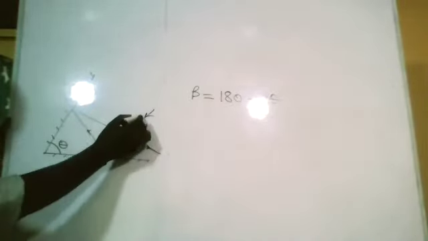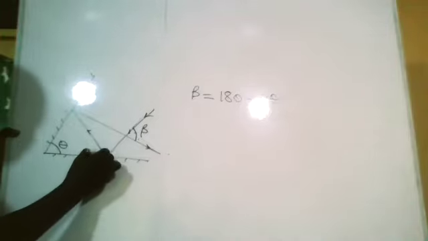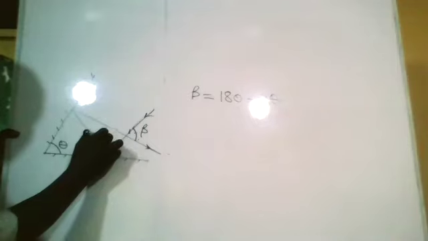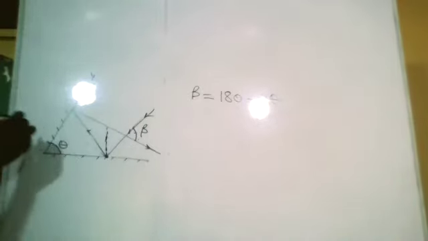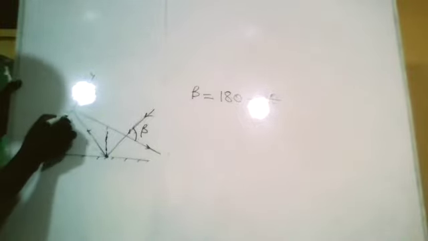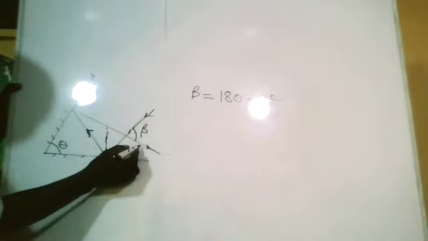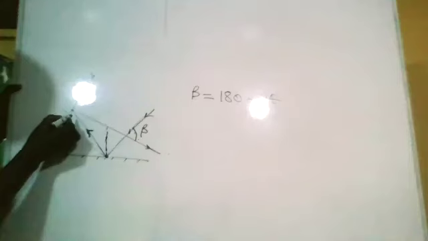Once I have angle of incidence and then angle of reflection, it means there must be a normal. So draw the normal to the mirror. First mirror. Then in the second mirror, this becomes the incident ray, and the emerging ray becomes the reflected ray. So draw a normal.